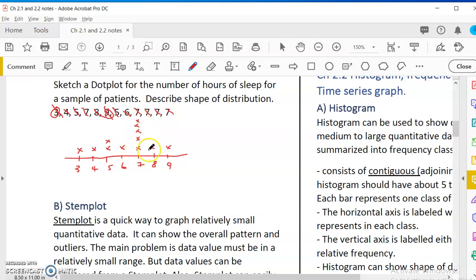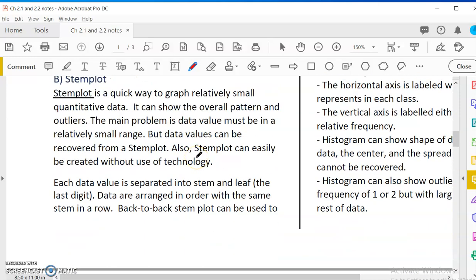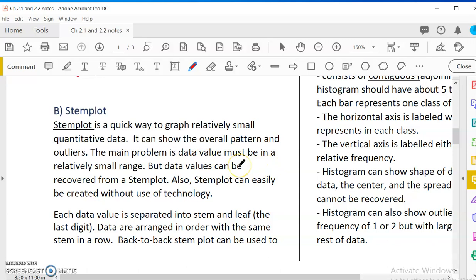So most of the data is on the high side. So we call it skew. So we can say skew, not symmetrical, for the time being. Later on, in 2.2, I will talk about the actual names of all the distribution shapes.